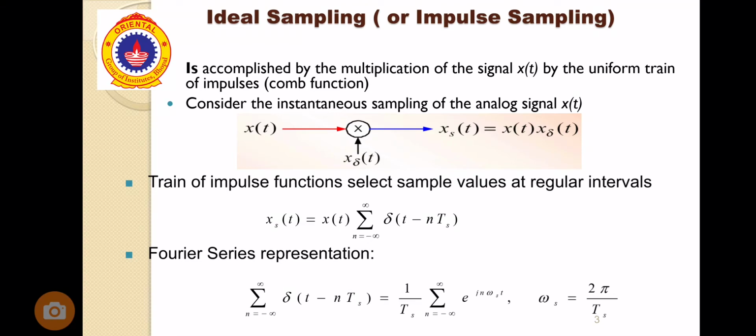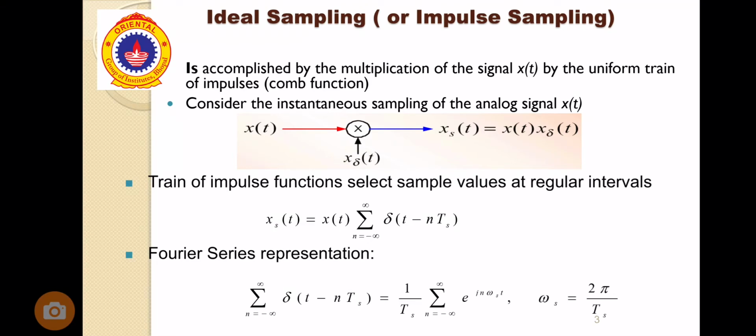From the word impulse sampling, it is clear that we are using an impulse function. We are using a multiplier: x(t) multiplying with delta_Ts(t), that is, x(t) is the analog signal and delta_Ts(t) is a train of periodic impulse functions.